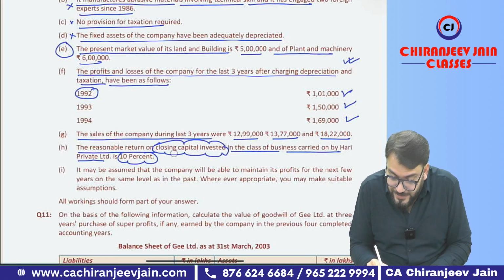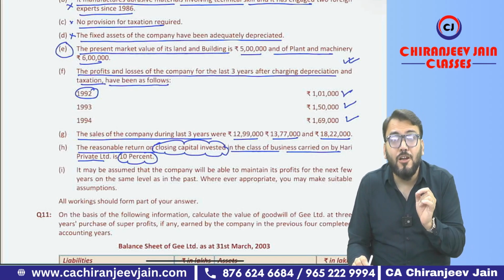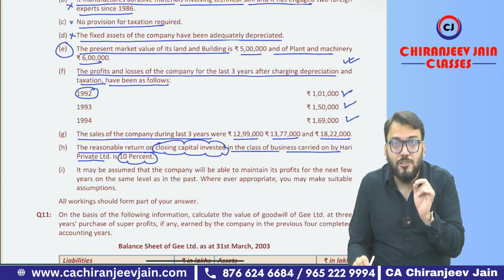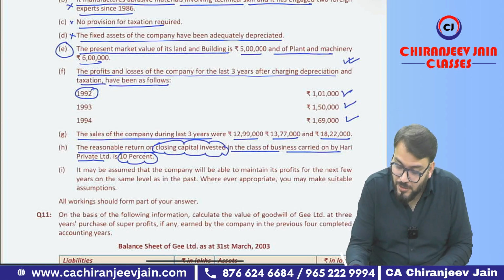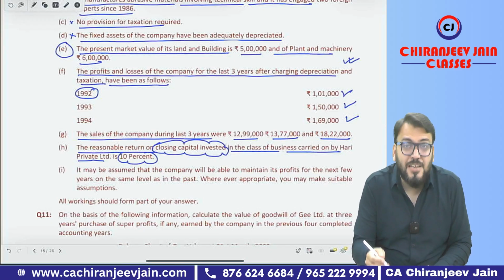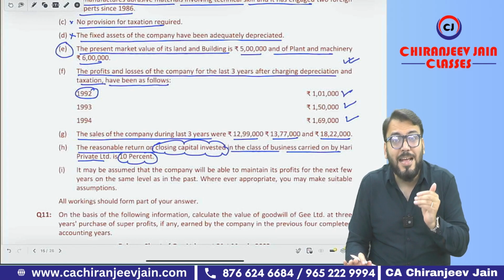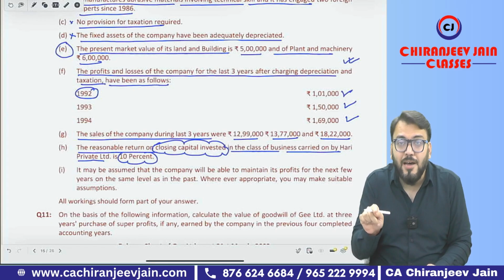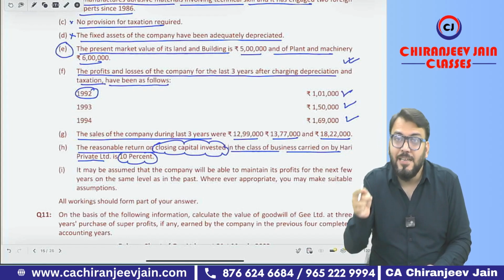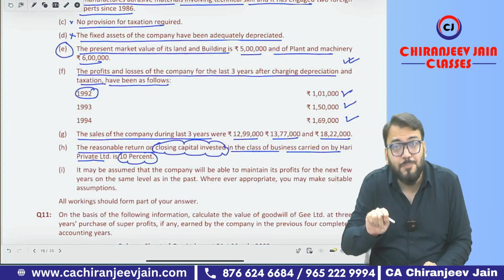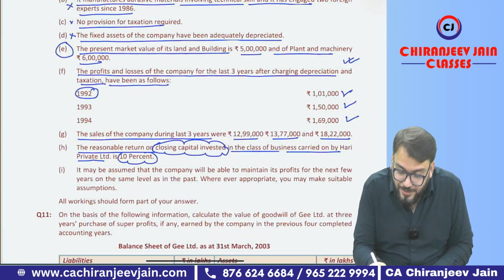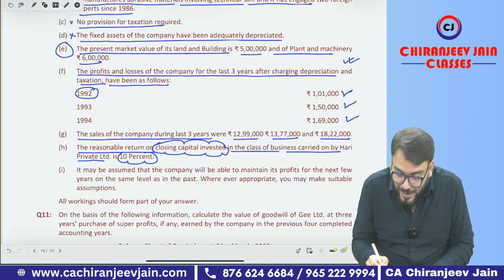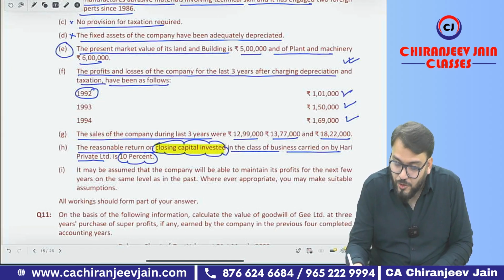So in this case, it is an indication that you will not use average capital employed, you will use your closing capital employed to find out normal profit. Understood? Got this point? Because we need to respect the information given in the question. You can't go against the question. Now NROR is based on closing capital employed. It means your normal profit is based on closing capital employed, not average capital employed. So this is very important. We can't go against the information given in the question.